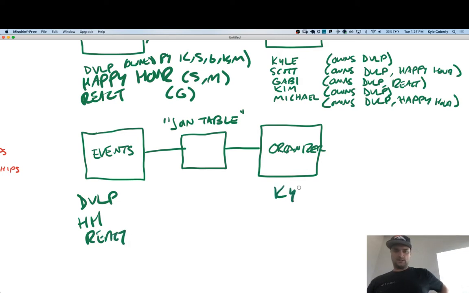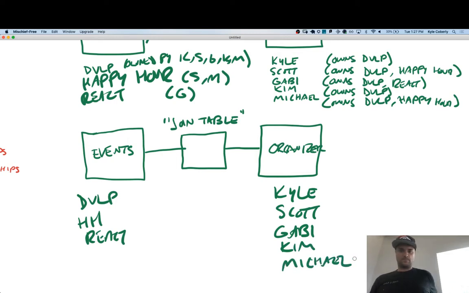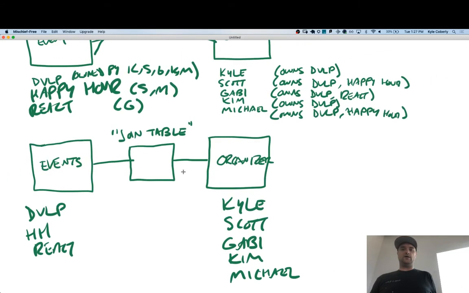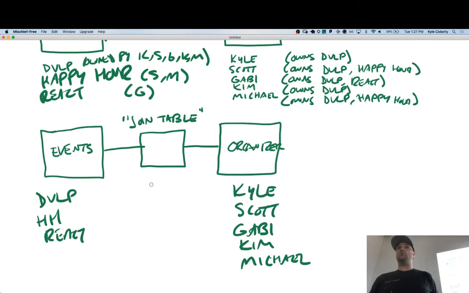This is Kyle, Scott, Gabby, Kim, and Michael. And instead of organizer or event keeping track of who owns whom, this join table keeps track of them.